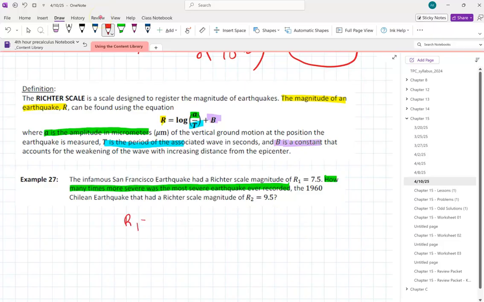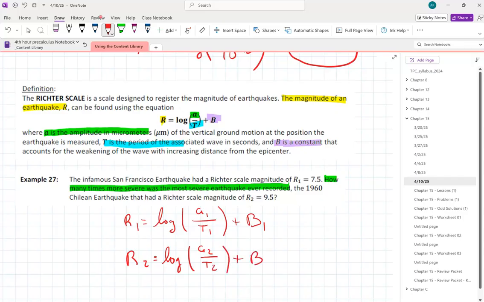So I'm like, okay, I have 2 earthquakes going on here, the San Francisco and the Chilean earthquake. So I'll write 2 different equations here. Everybody's okay with that? Where the R1 is, we're told, is 7.5, and the R2 is 9.5.